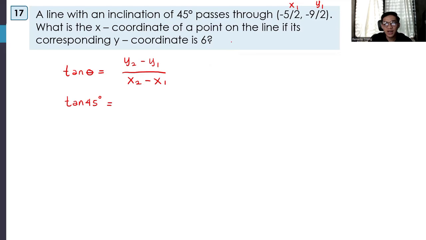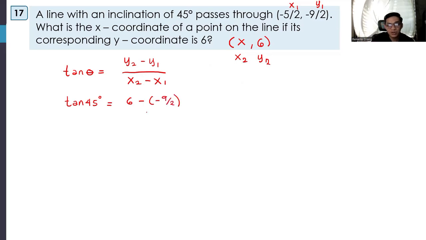So yung next clue po natin, binigyan tayo na what is its x-coordinate if its corresponding coordinate sa y is 6. So therefore, this will be our x sub 2 and this will be our y sub 2. Substitute po natin, class. Y sub 2 natin is 6 minus y sub 1 natin is negative 9 over 2. Sa baba, x sub 2 natin, that is our unknown.